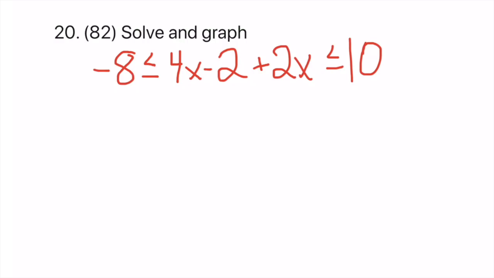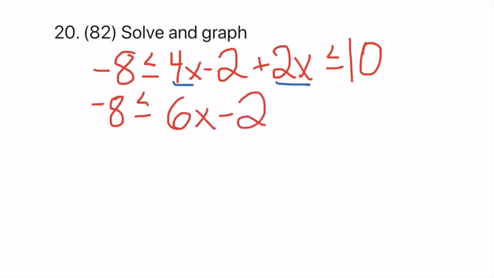Number 20 from lesson 82, solve and graph. So this is a multi-step compound inequality. So the first thing I want to do is simplify the middle part, because notice we have a 4x and a 2x, and those can be combined. So I'm going to rewrite this part, but I'm going to combine that to 6x minus 2 is less than or equal to 10.